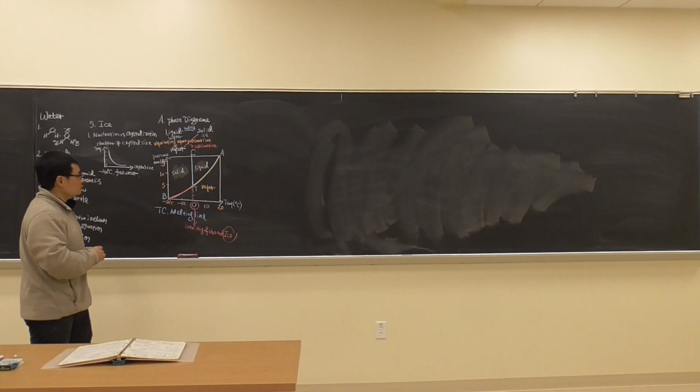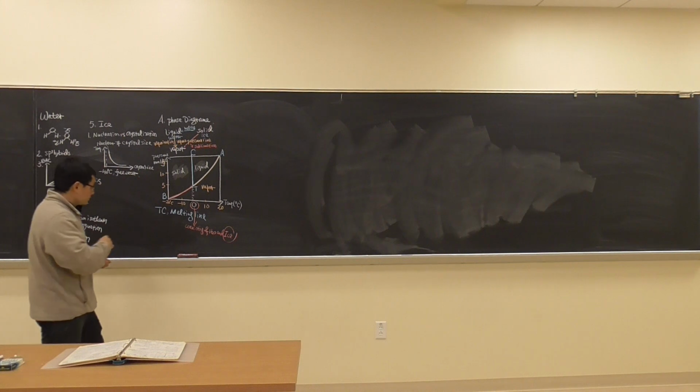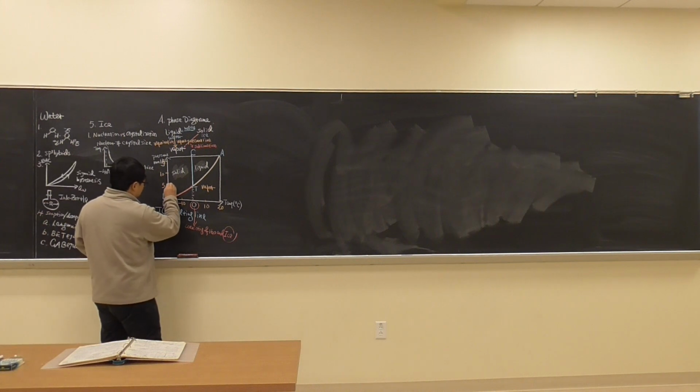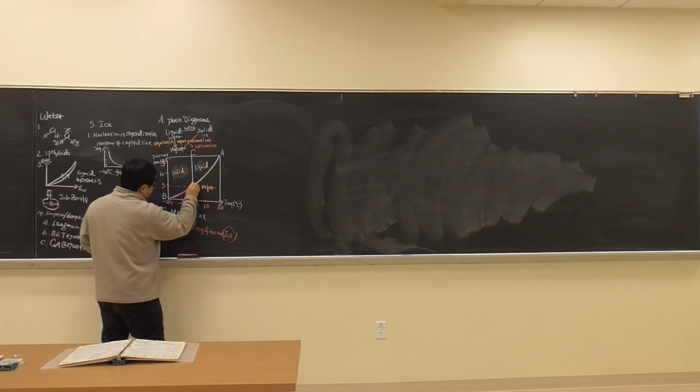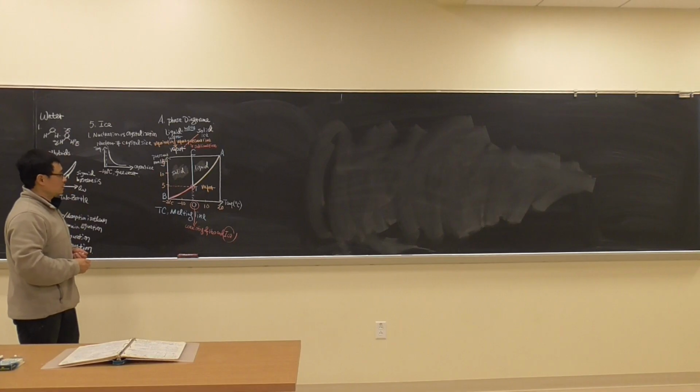The ice can directly become vapor. Based on the curve, what you can see is basically right here, this point, which is a little bit lower than 5 millimeters of mercury. So what is this?